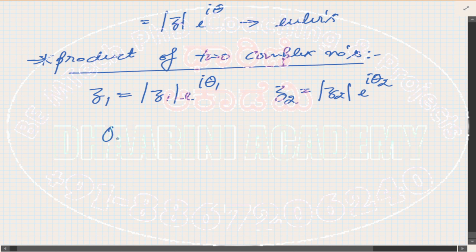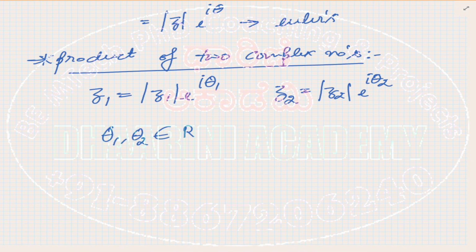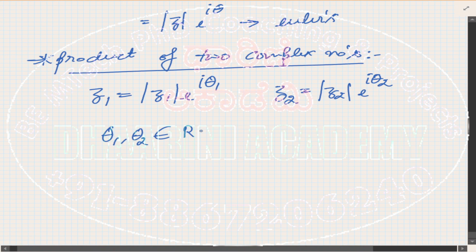We know that theta 1 and theta 2 also belong to real numbers. Maybe in radians it is pi by 3, pi by 6, and in degrees 185.3, 188.9, all are real numbers. That's why it belongs to R, and the same i holds good here. This is root of -1.